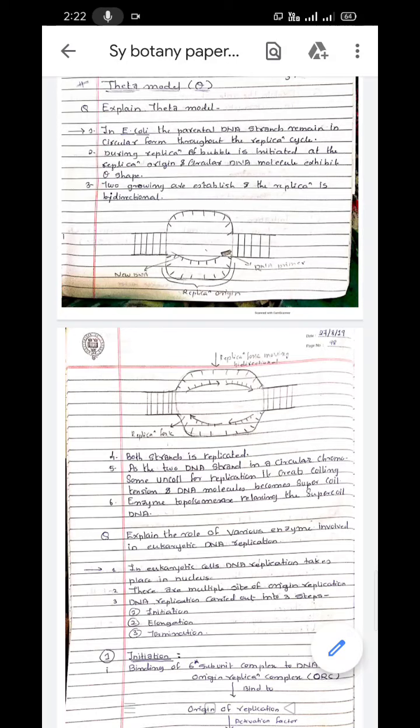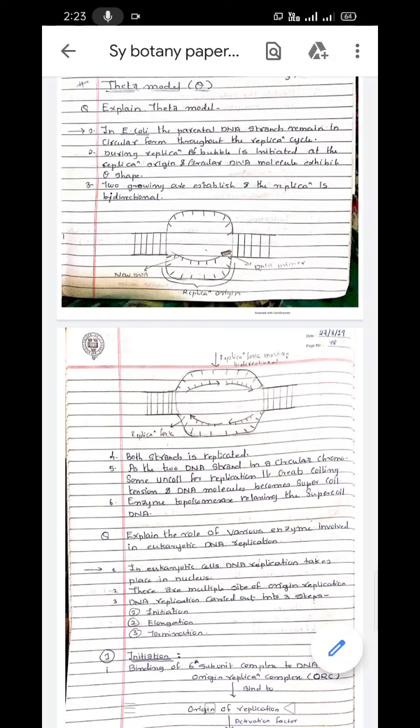Then both strands are replicated, but as the two DNA strands of the circular DNA are uncoiled for replication, it creates coiling tensions.